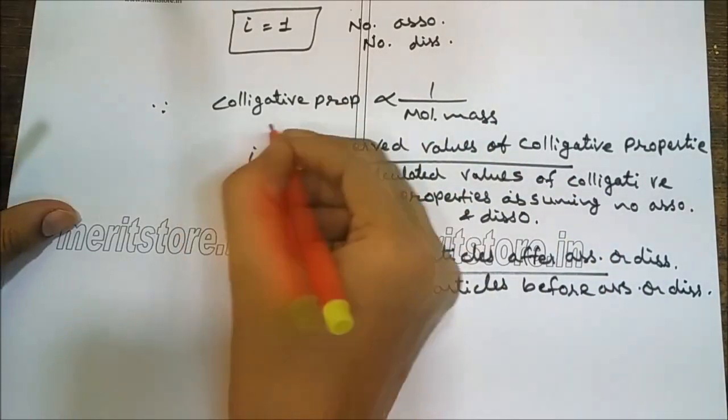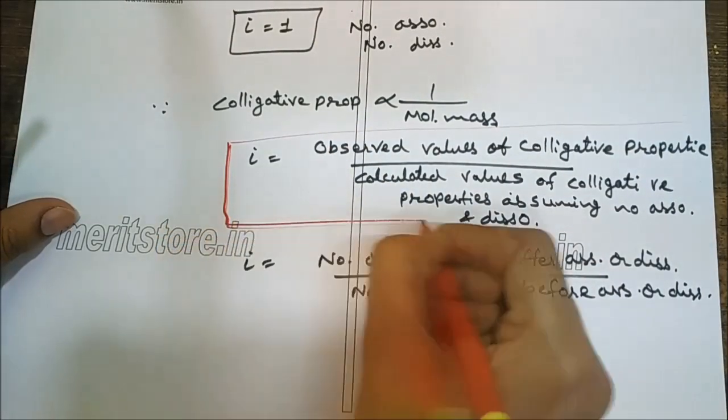So we can calculate the Van't Hoff factor from these formulas.